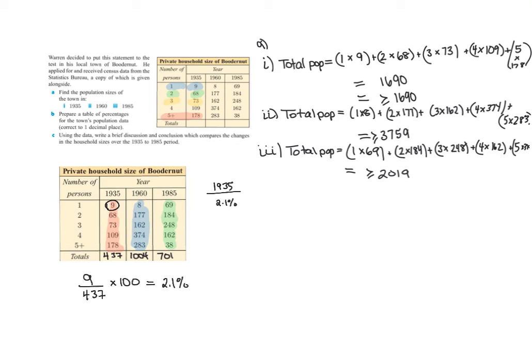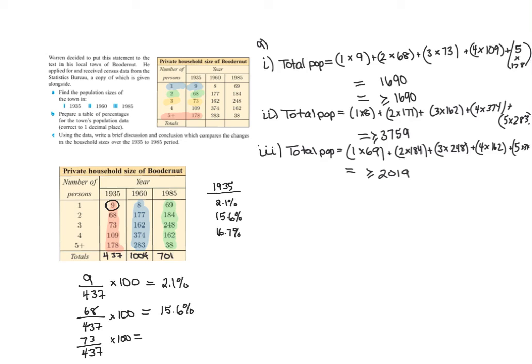And then we're going to take 68 and divide it into 437 times 100. That should give us 15.6%. And we'll continue our little table. And keep going. We'll go 73 into 437 times 100. And that should give us 16.7%.